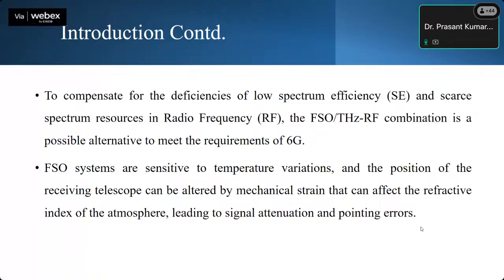The requirement is security. So how do we ensure security over FSO? So these are some of the points which need a detailed analysis, as well as more research, before we roll out this FSO technology for commercial applications.